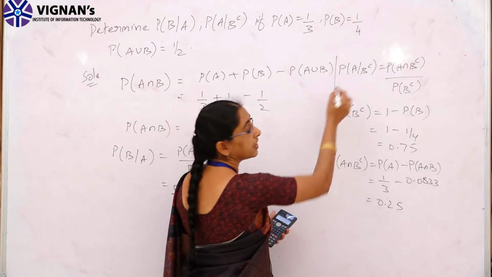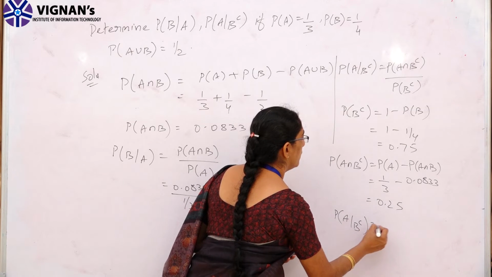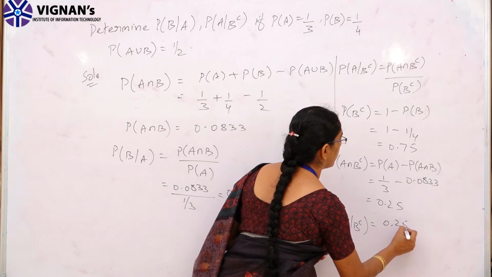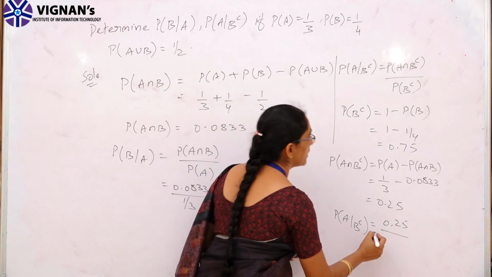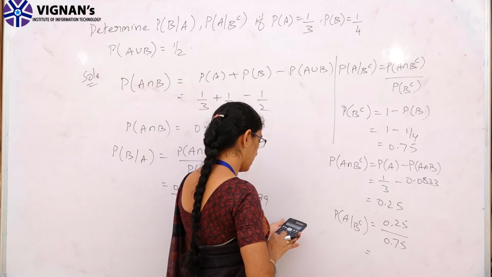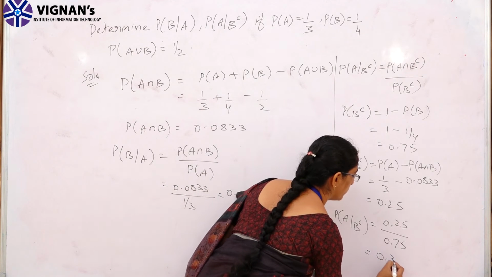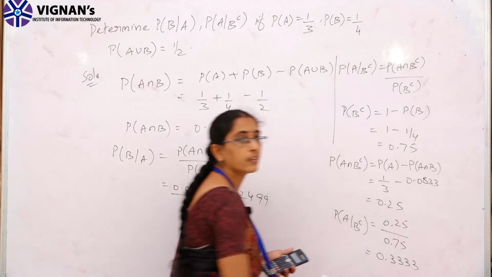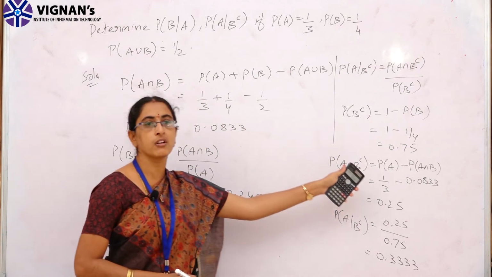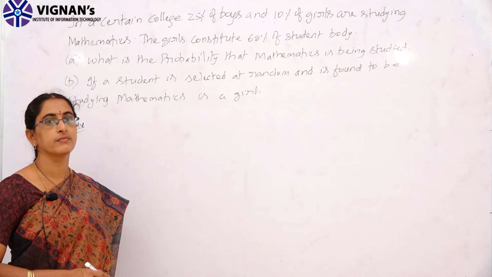Now, substitute in the formula of probability of A given B complement, that is 0.25 by probability of B complement, which is 0.75. So, 0.25 by 0.75 is 0.33, right. So, using De Morgan's law, we have to find this statement here, okay.